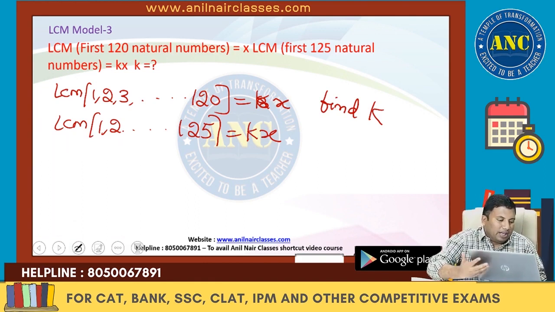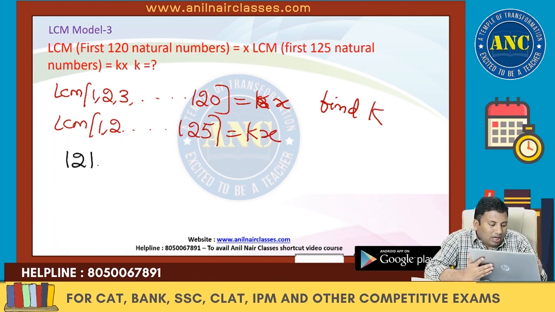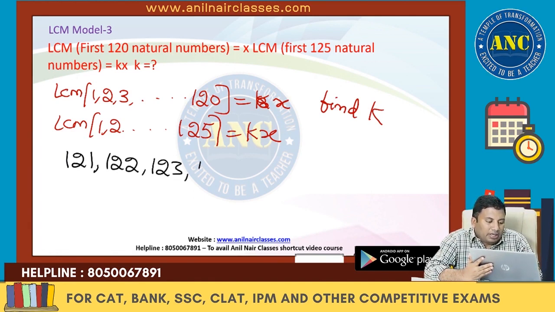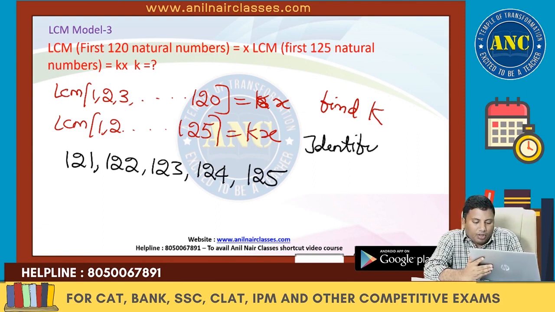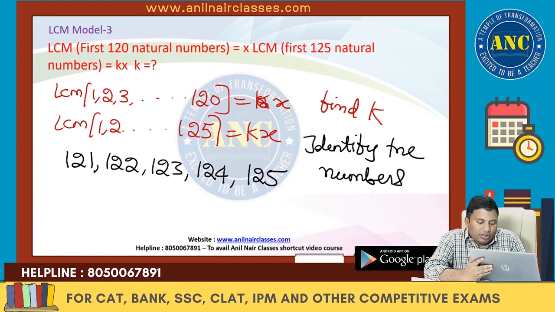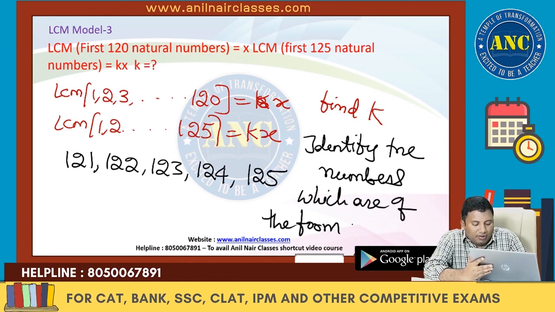After 120, what are all the natural numbers that are present? 121, 122, 123, 124, 125. Identify the numbers which are of the form p power k, where p is a prime number.